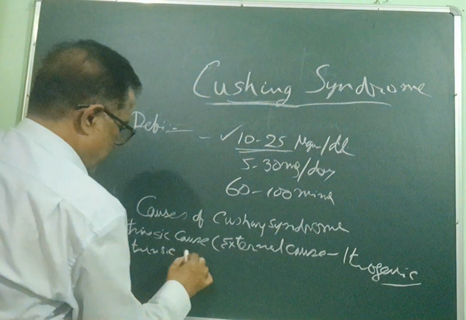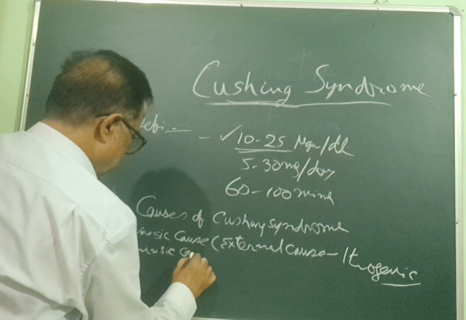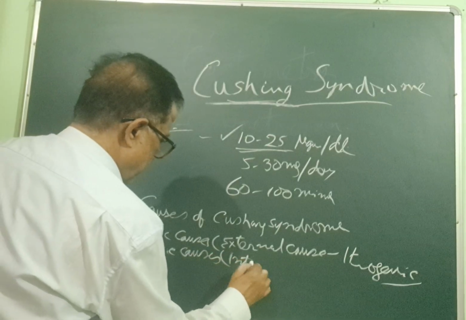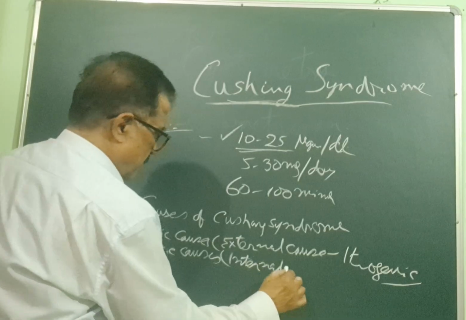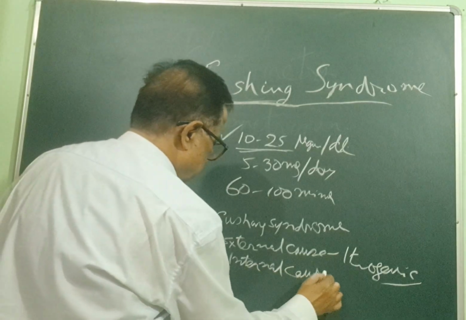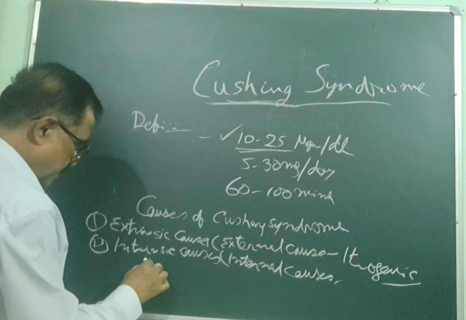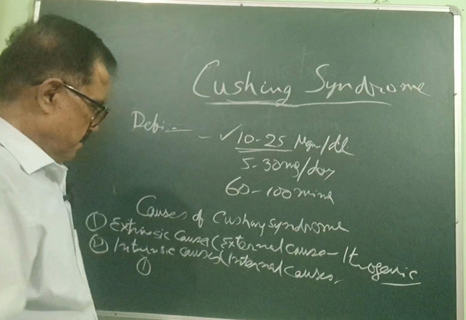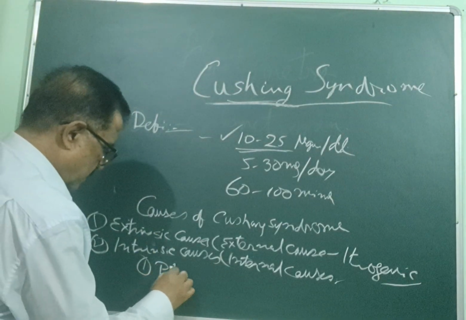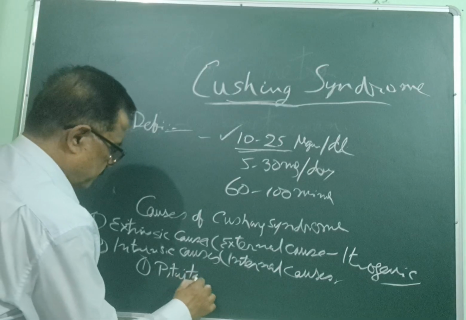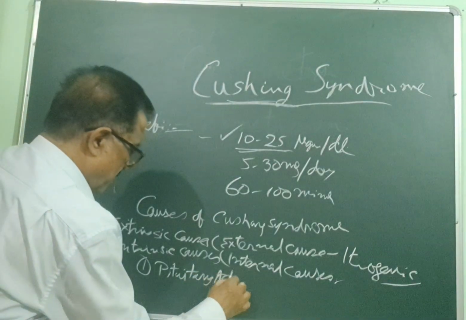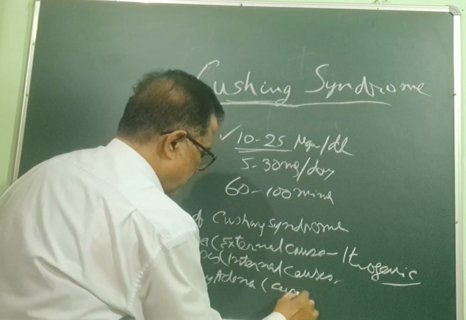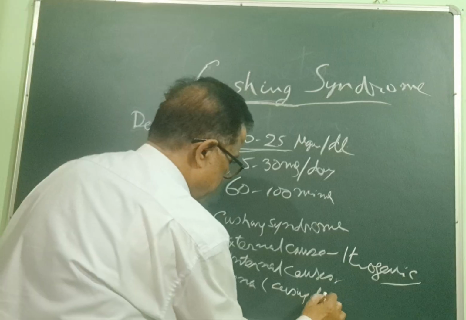Then second is intrinsic or internal causes. In internal causes, number one, pituitary adenoma. This will cause Cushing disease.